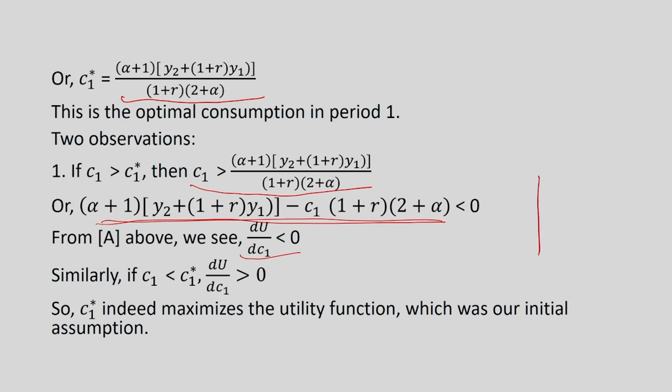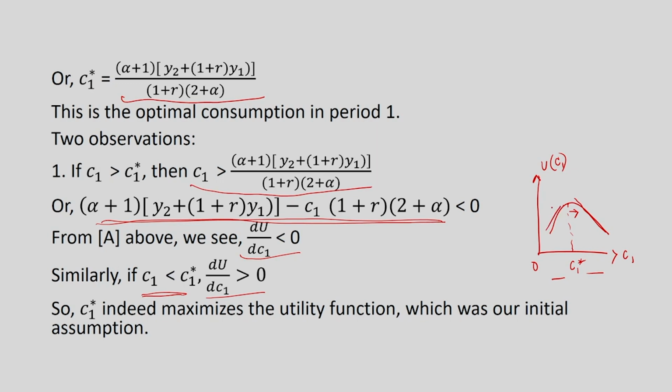So, it is like this. Okay, here is the C1 star. So, this is C1 and this is your utility function, which is a function of C1. So, at this point C1 star is there. If you are crossing, then the slope is negative. This is what you are getting. Similarly, if you take the opposite, that is C1 is less than C1 star, so on the left hand side you will find that the slope of the utility function is positive.